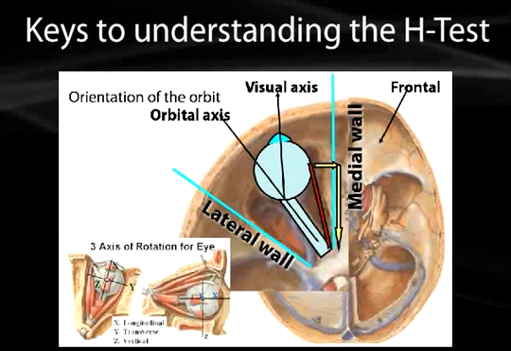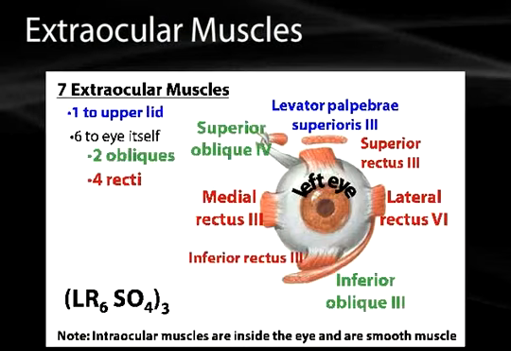Along the longitudinal axis you get torsions, intorsion and extorsion. Along the transverse axis you're going to get elevation and depression, and along the vertical axis you're going to get adduction and abduction.